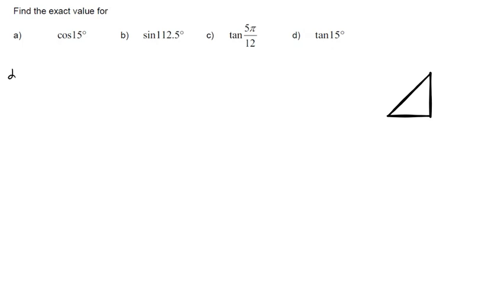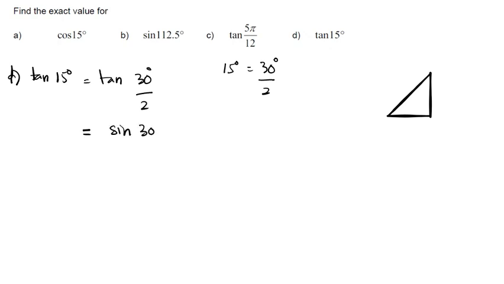For D, tangent 15 degree. So by using half angle identity, we know that 15 degree is equivalent to 30 degree divided with 2. So this is also equal to tangent 30 degree divided with 2. So substitute in the formula. Sine 30 degree divided with 1 plus cos 30 degree.